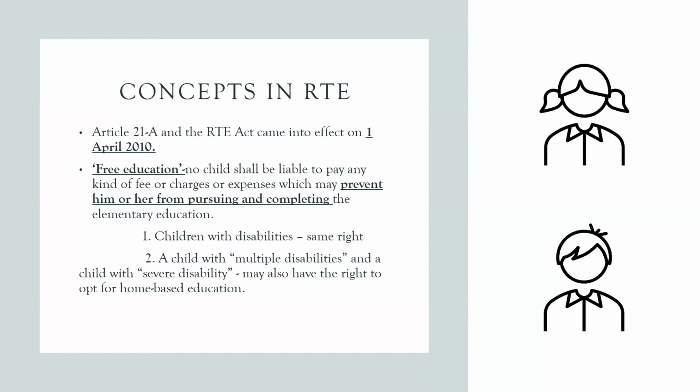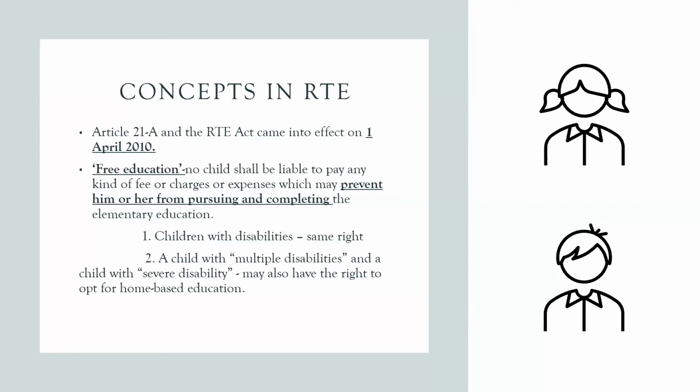And if there is a child with multiple disabilities, what tends to happen is that they also have the same right. If they can cope up with the other children, well and good, but they also have a right to opt for home-based education. Now, this is something that is not greatly done in India, but it's just coming up. It's coming up, and this pandemic is also bringing in a lot of home-based education.